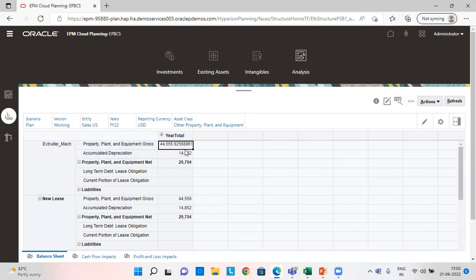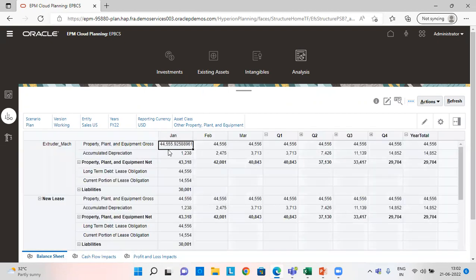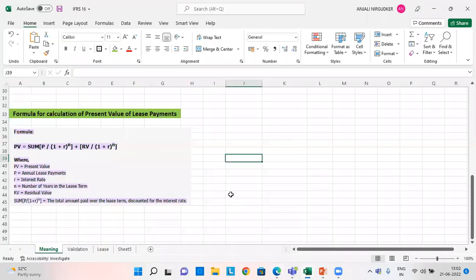These are the figures which I am going to validate with my Excel sheet. This is the PV, 44556. This is the present value of the asset which we are going to see in our Excel sheet.